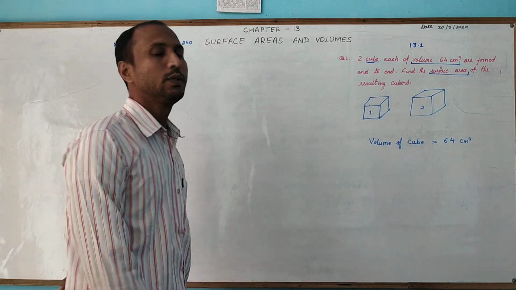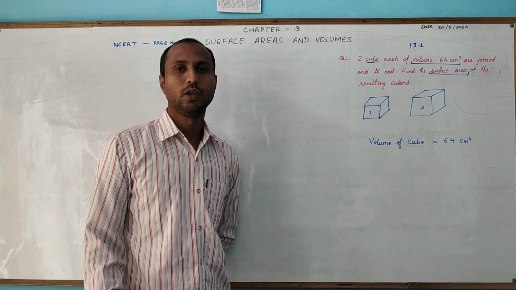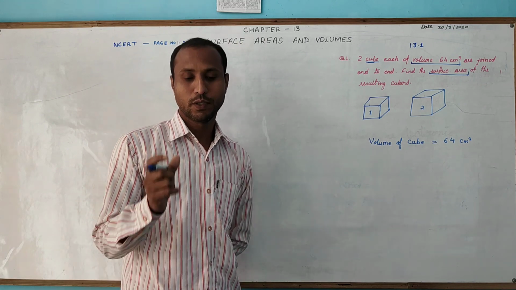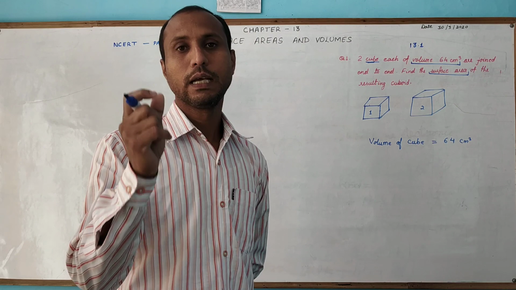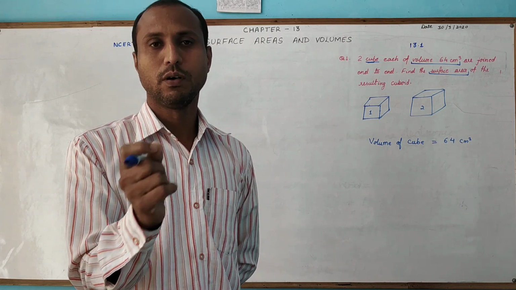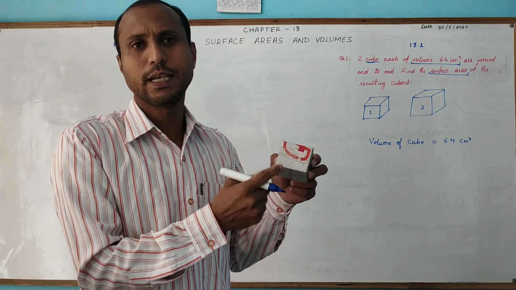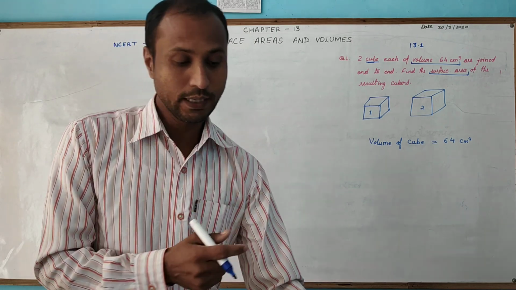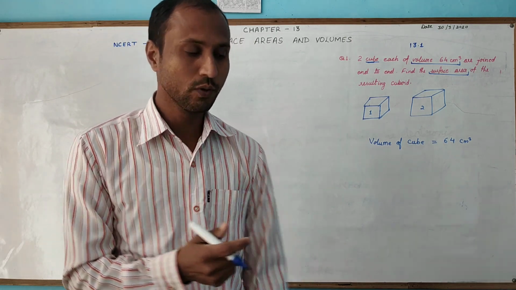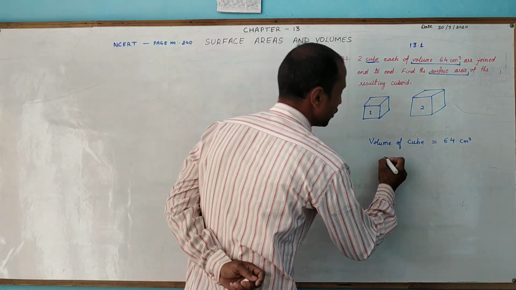Now, the formula for the volume of a cube is edge cube, or you can say side cube. But since it is a cube, we write edge cube.